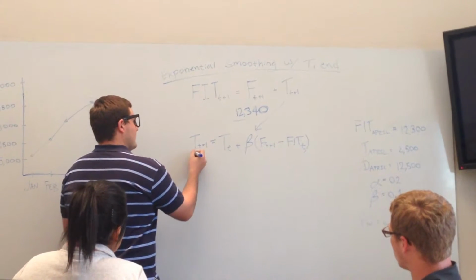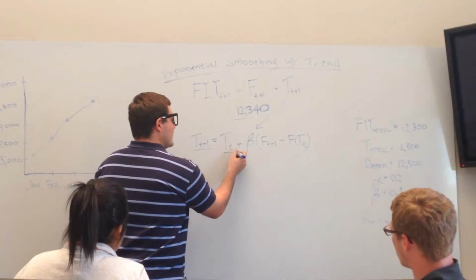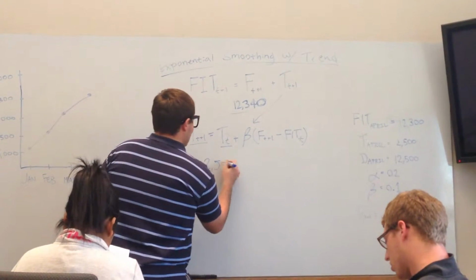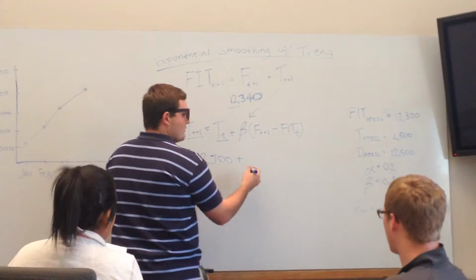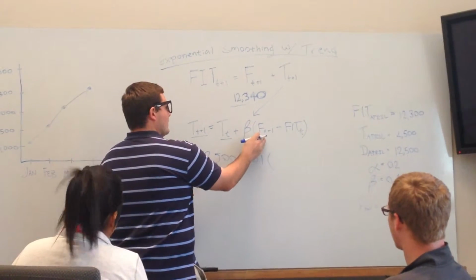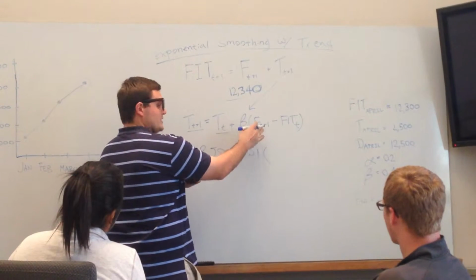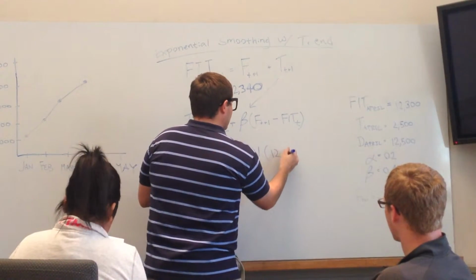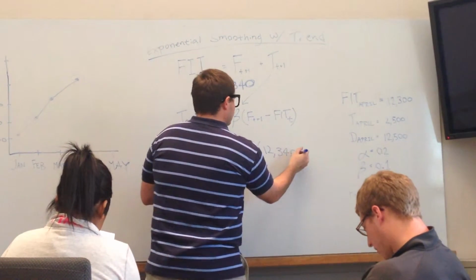All right, so we're going to set the trend component equal to the trend from April, which is an increase of 2,500. Okay. Plus the beta level, which we're going to set at 0.1. We found the forecasting component for May, which is 12,340. We already calculated that.